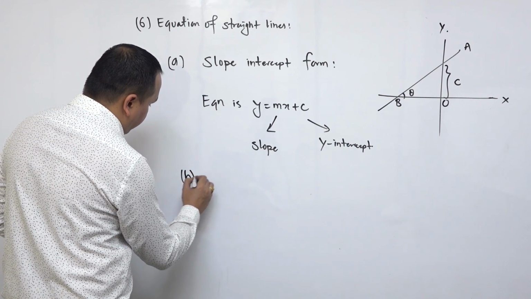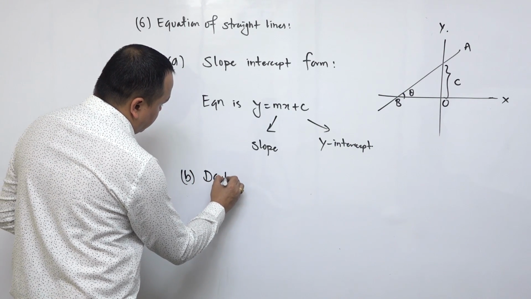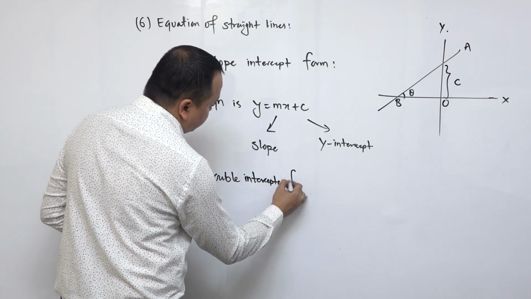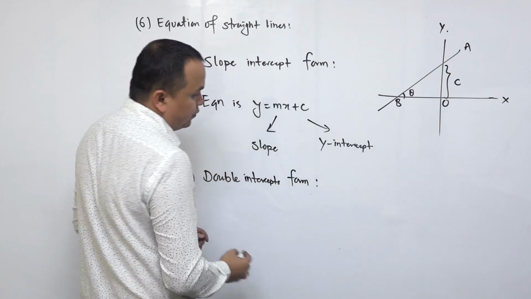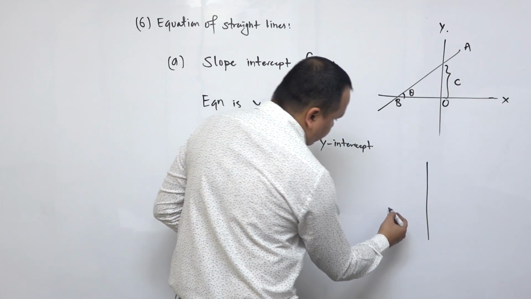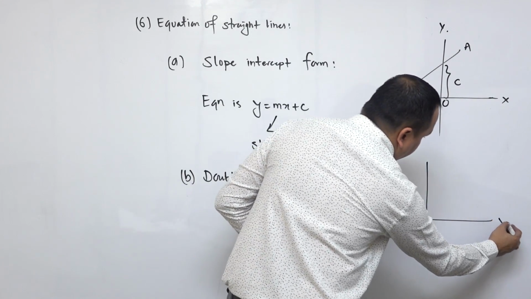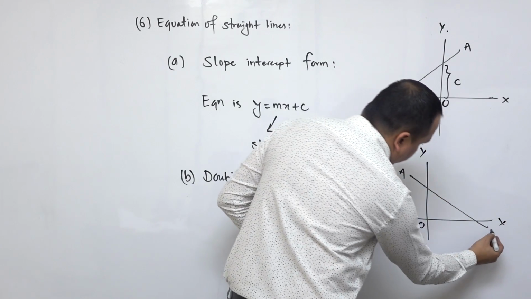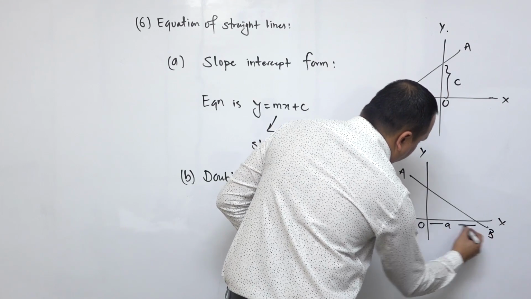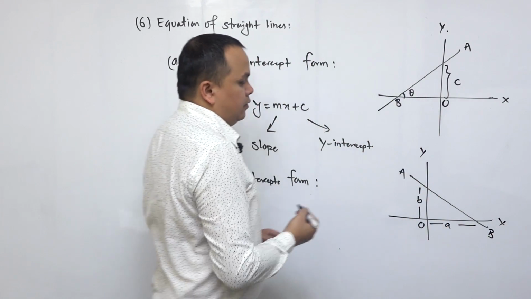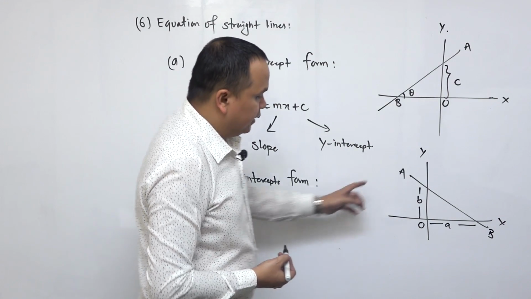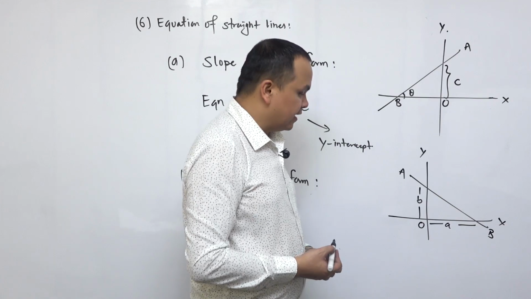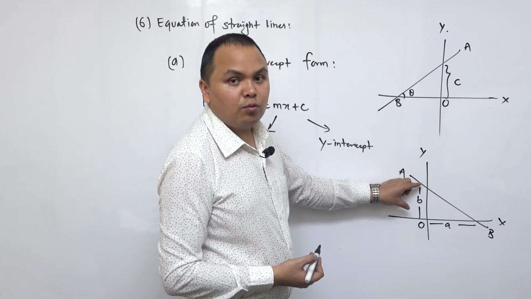B. Double intercept form. Here AB makes an intercept a on the x-axis and b on the y-axis.